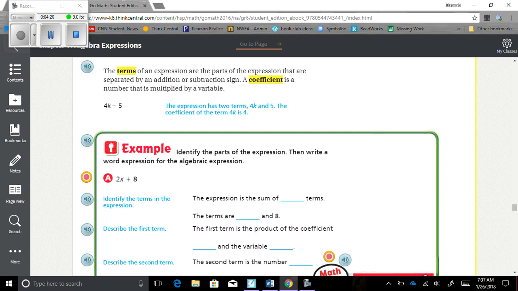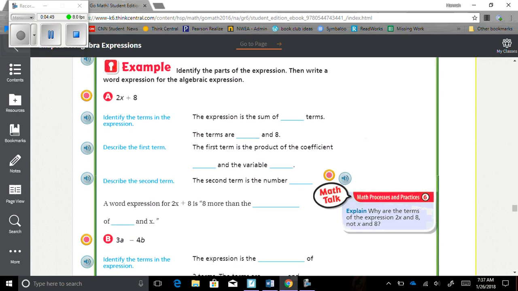Our terms are the parts of the expression that are separated by addition or subtraction sign. So 4k is a term and 5 is a term. The coefficient of the term 4k is 4. Okay, the coefficient is a number that is multiplied by a variable. So k is our variable because we don't know what that is. So 4 is the coefficient. So 2 new terms for you to remember.